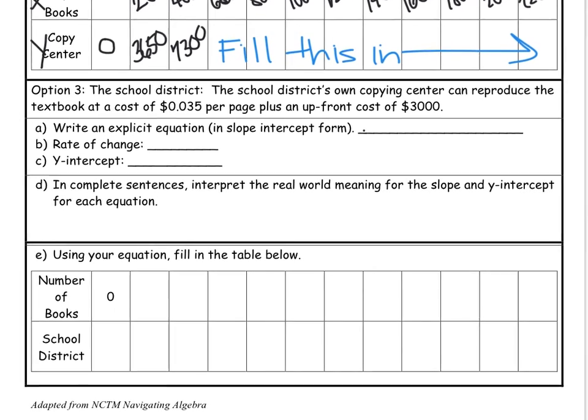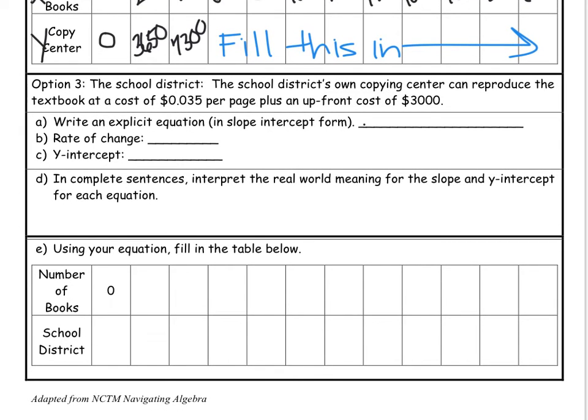Option 3 is the school district. So the school district has decided that maybe their own copy center can do this cheaper than everything else, and they are charging 35 cents per page plus an upfront cost of $3,000. So there's our upfront cost of $3,000, and it's 0.035 dollars per page.